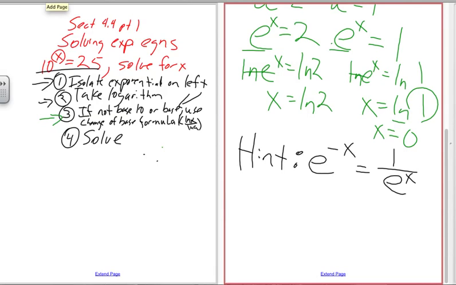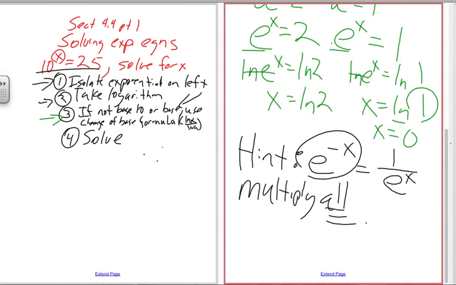Now, in order to make this look like what I had up there, multiply all, not just the ones you like to, but all terms by e to the x. And if you do that, you should get an equation that looks like the quadratic that I had above.